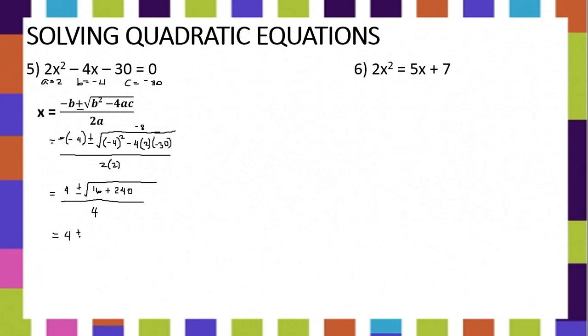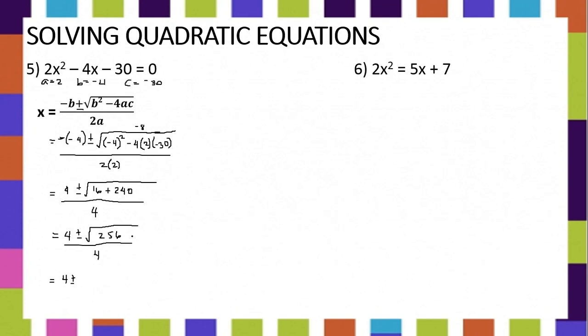4 positive, negative, square root of 16 plus 240 is equal to positive 256 over 4. Okay, kunin na natin yung square root niyan.